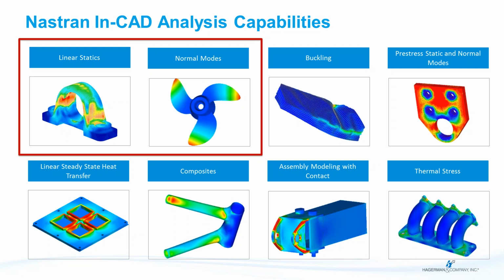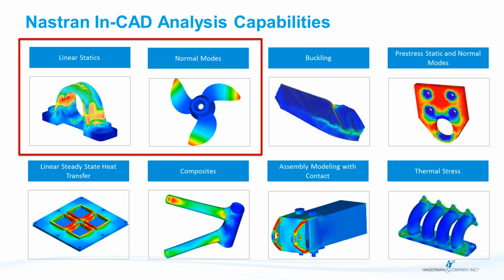We can look at linear steady state heat transfer using the principles of conduction and convection heat transfer. Engineers can examine designs for equilibrium temperature distribution. We can review composites, providing easy, straightforward handling of complex ply data. We can look at additional modeling contacts.